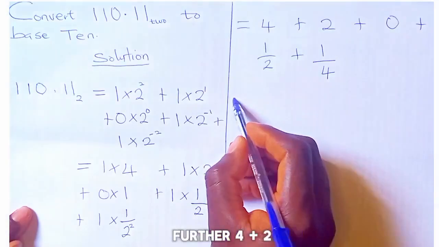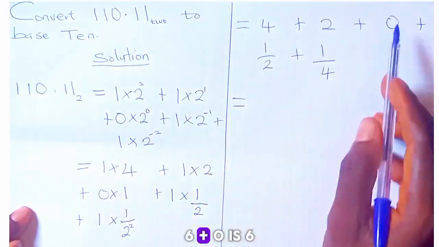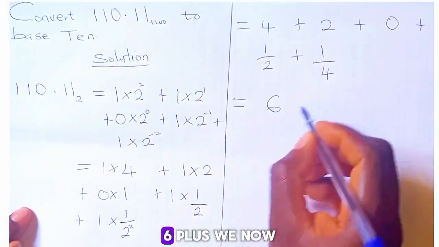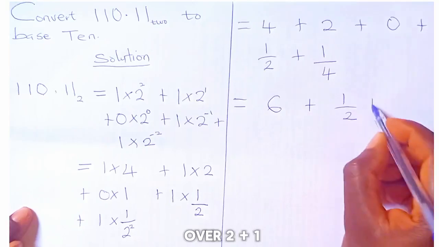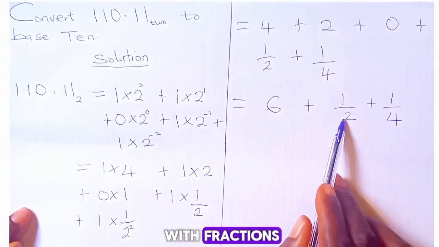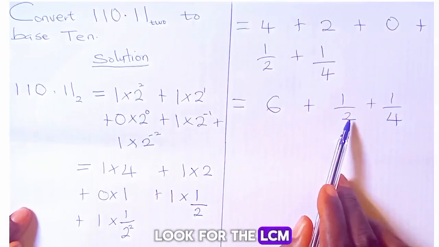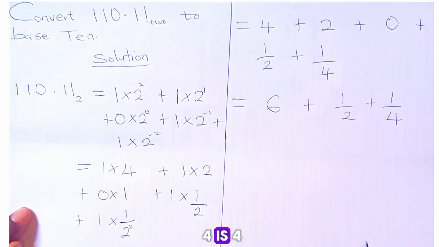So simplifying further, 4 plus 2 is 6, 6 plus 0 is 6, 6 plus, we now have here 1 over 2 plus 1 over 4. So here we are dealing with fractions. The first thing to do is to look for the LCM of 2 and 4. The LCM of 2 and 4 is 4.